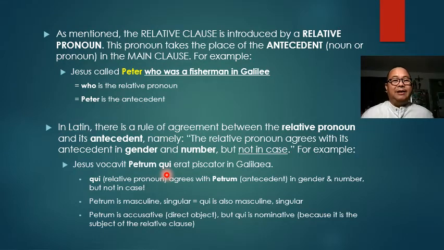So you can see here that qui is nominative and Petrum is accusative, in line with the rule of agreement. And what determines the case of the relative pronoun? That is the question we will answer next.